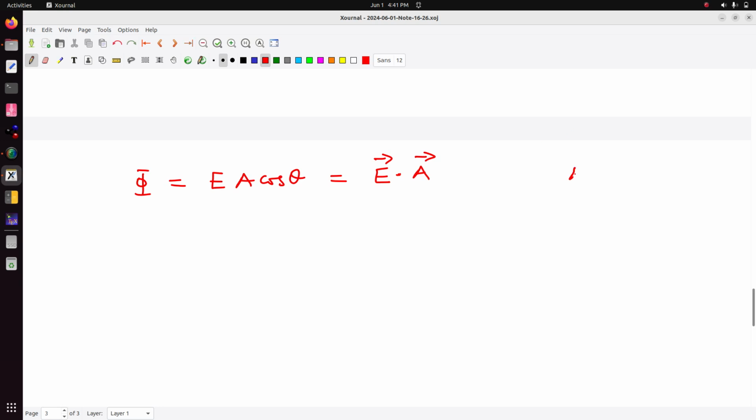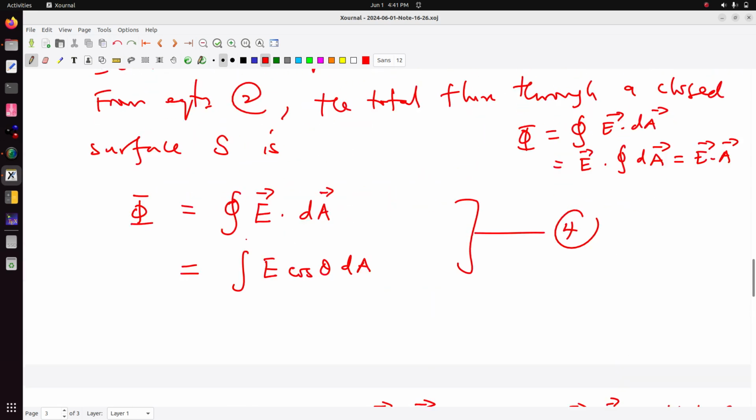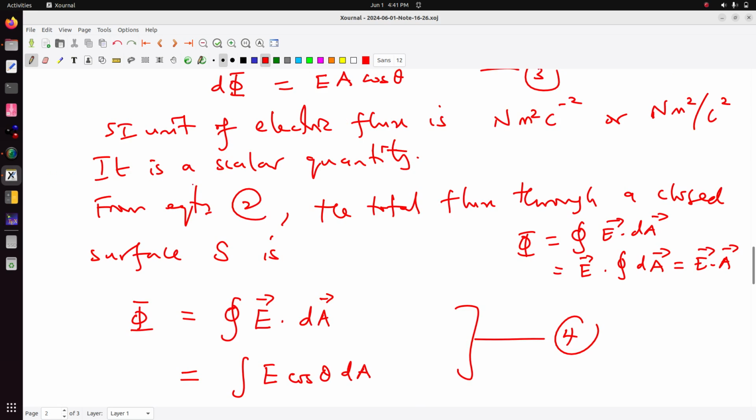Why? Because the scalar product of two vectors is the modulus of the first, modulus of the second, cos theta. So in this case, this E means the modulus of the vector E, and this A means the modulus of the area vector.